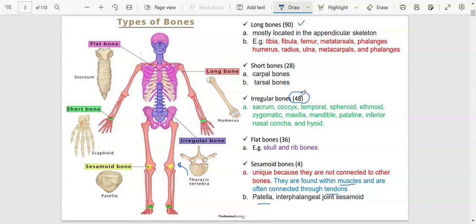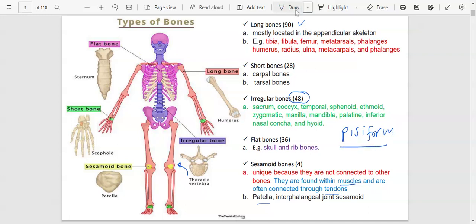They are 48. And then those which follow, they are flat bones, which are 36. And then we have got short bones, which are 28. And then sesamoid bones are very small. Right? So there are just four of them. Apart from the patella as a sesamoid bone, we have got also the pisiform, which gets to protect tendons.